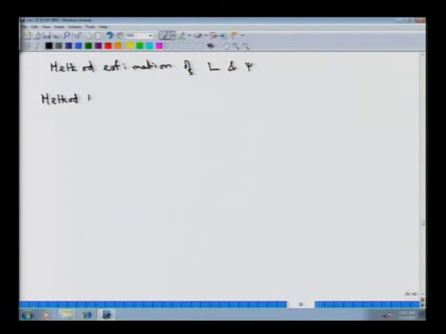This is method number 2, maximum likelihood estimation of L and psi.